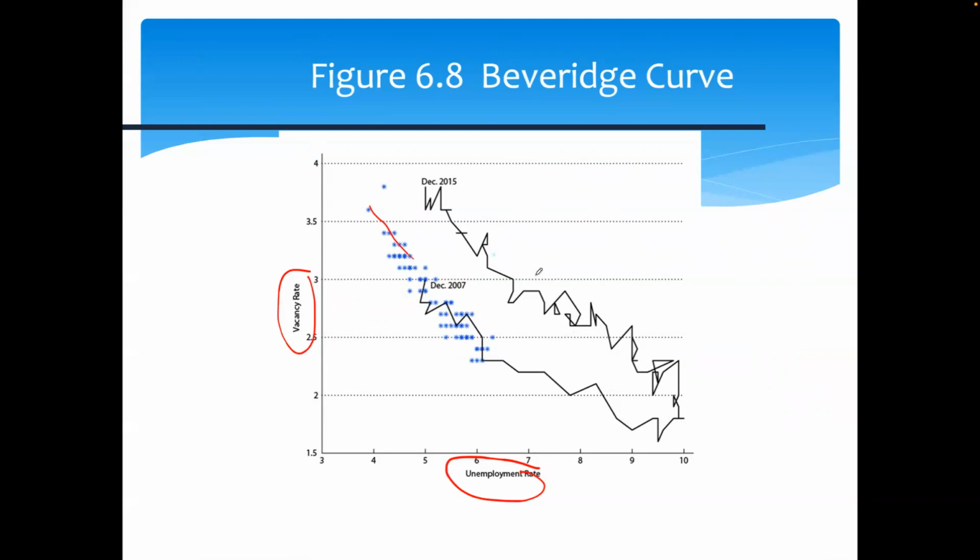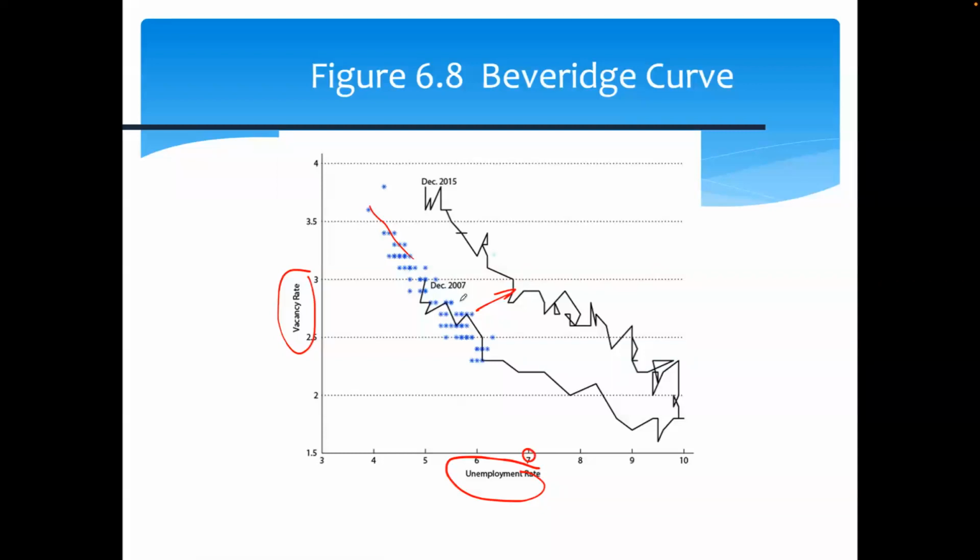The other interesting fact we learn from this diagram is that since the last Great Recession, this curve has shifted outward. The relationship is the same, but everything has moved up, meaning that given a level of the unemployment rate, the vacancy rate is higher, or vice versa.